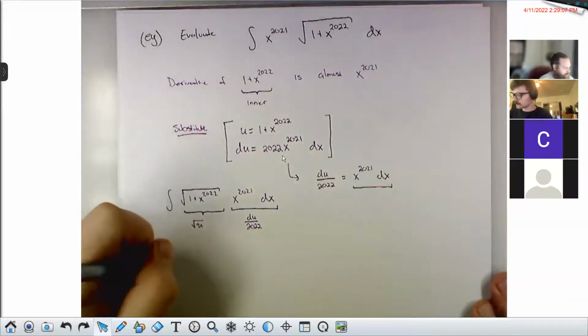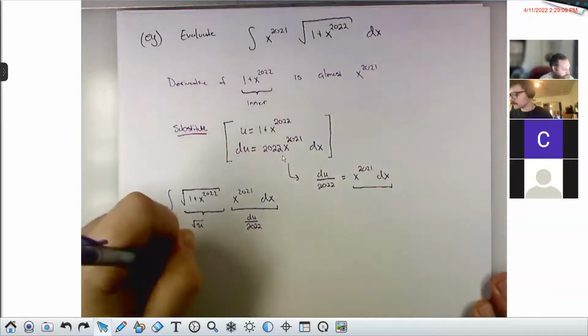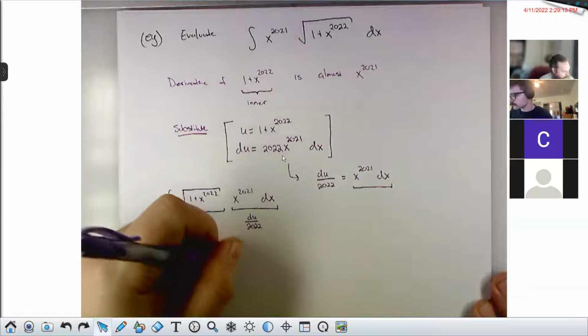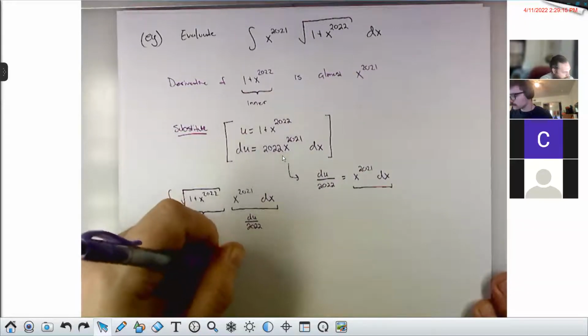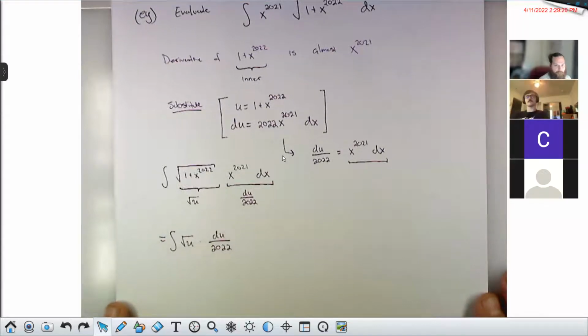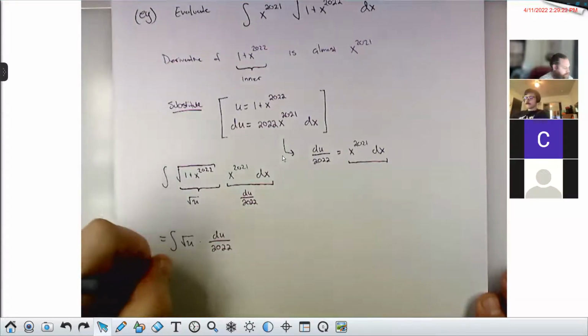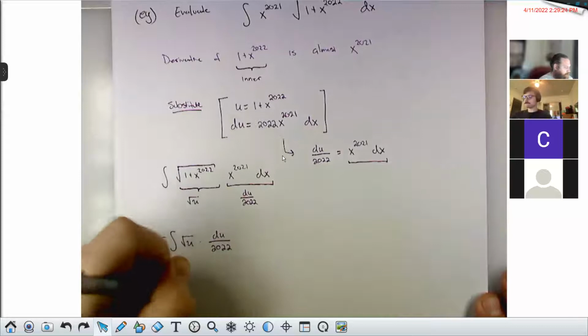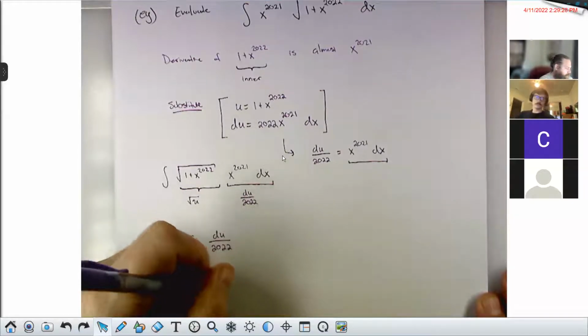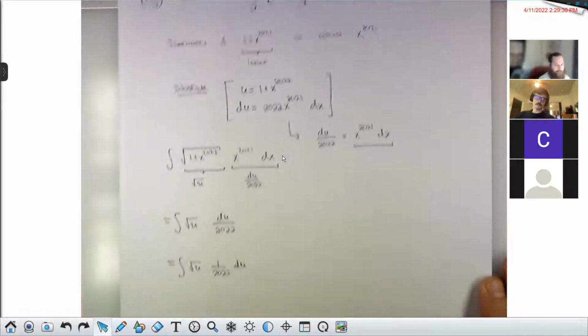So this integral can be rewritten as the square root of u times du over 2022, which is the same as the integral of square root of u times 1 over 2022 times du.